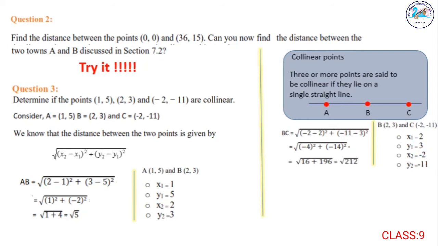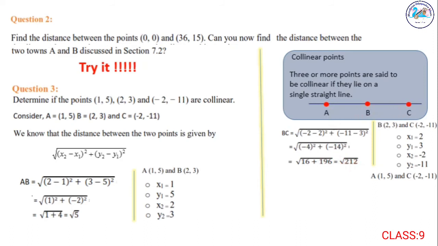Minus 2 minus 2 is minus 4, minus 11 minus 3 is minus 14. Minus 4 squared is 16, minus 14 squared is 196. When you add these two, you get 212, root of 212. So BC we have got.